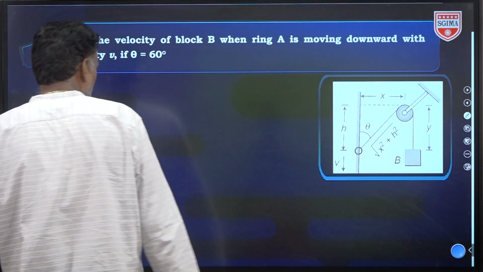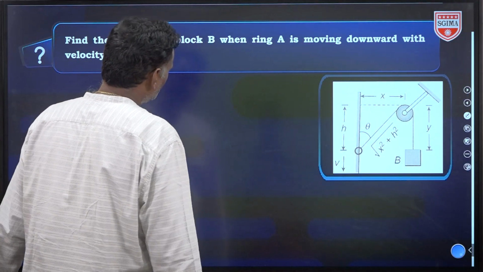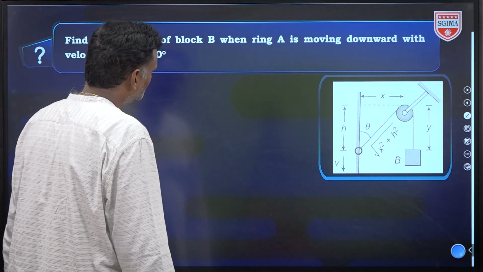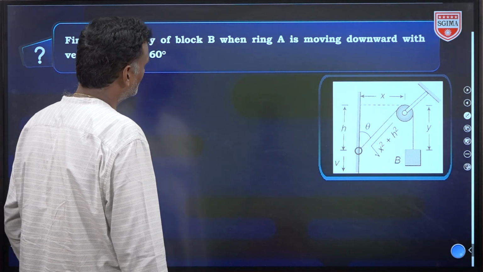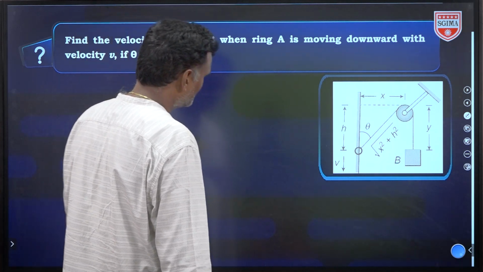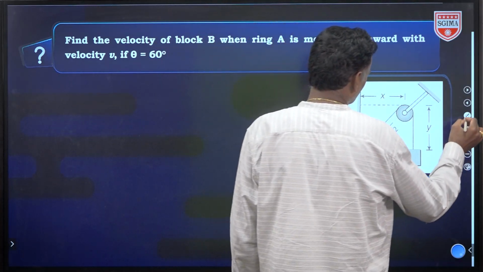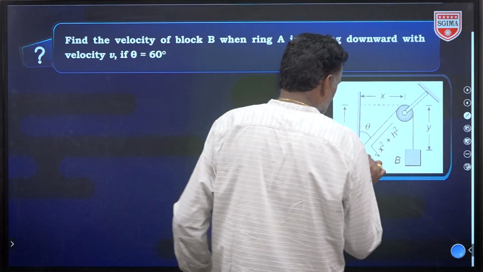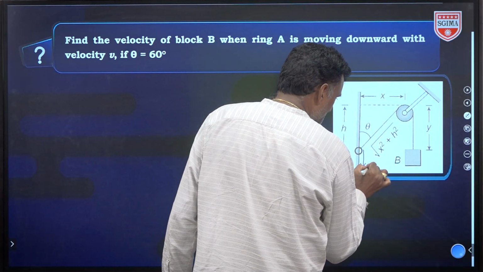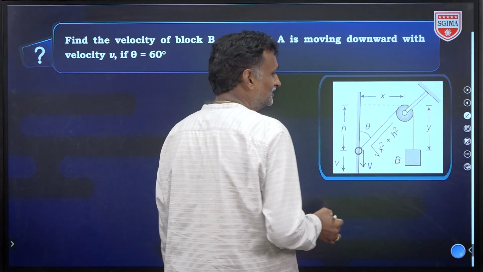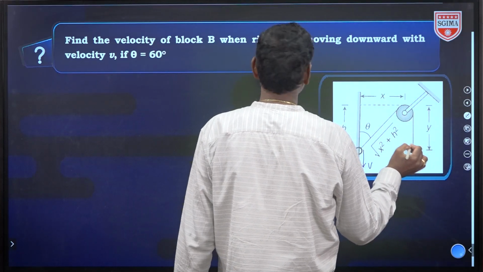Here is one more question. Find the velocity of block B when ring A is moving downward with a velocity V. Here it is given that it is moving downward with the speed V. Then what is the velocity of block B?